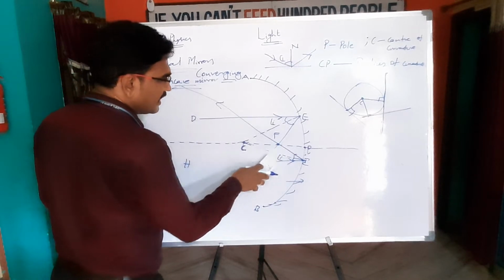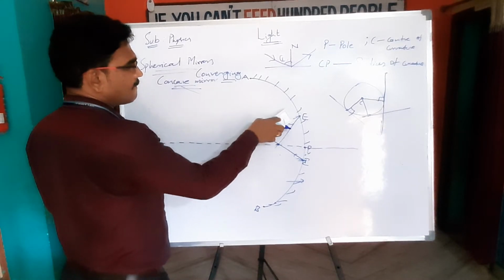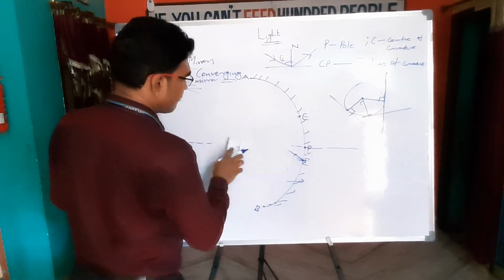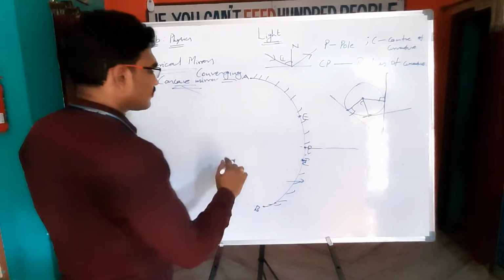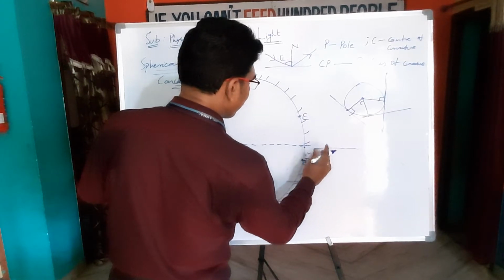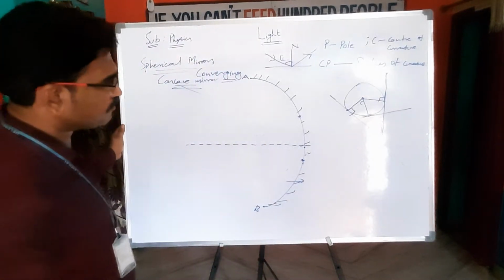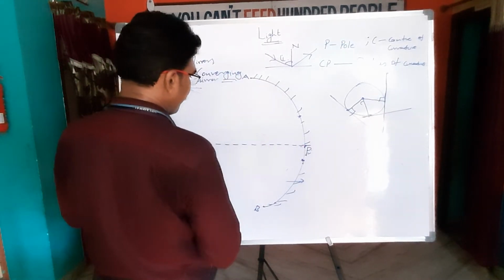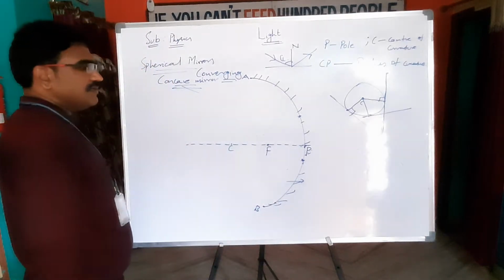Now, just for clarity, I want to erase all these. So this is P. This is the point where the reflected rays met in the previous diagram.